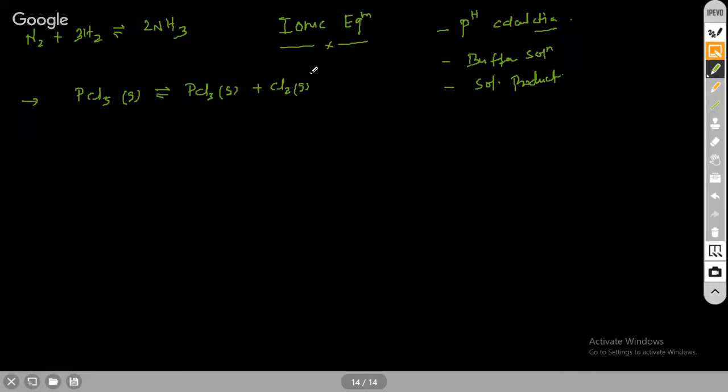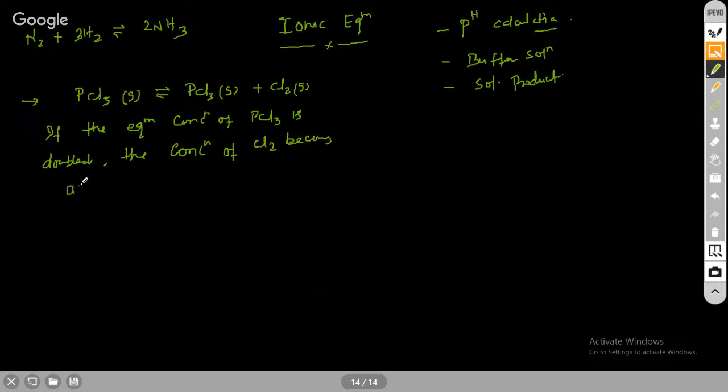If the equilibrium concentration of PCl3 is doubled, the concentration of Cl2 becomes: first option, 1/4 of the original value; half of the original value; twice of the original value; and the last one, unpredictable.